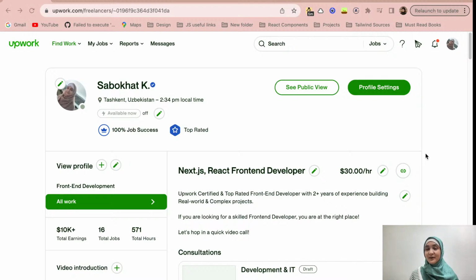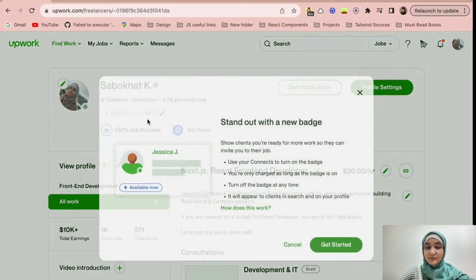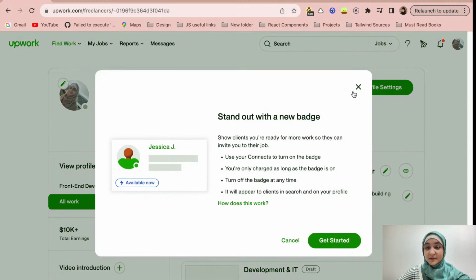So I believe if you have a good profile and you are active, the Upwork system will automatically show your profile to others. Another way is to turn on the availability badge. That's right here, available now. You can turn it on, and I believe Upwork will show you as available, and it will result in more profile views.